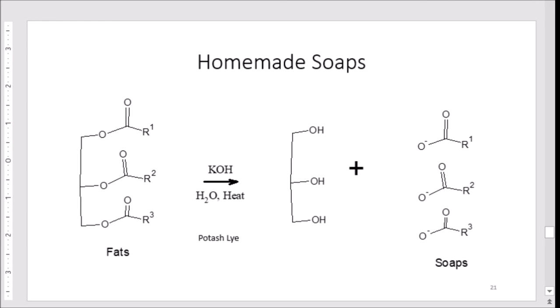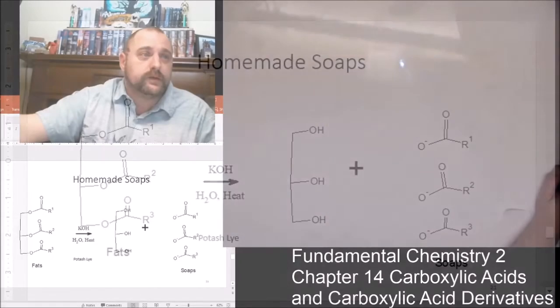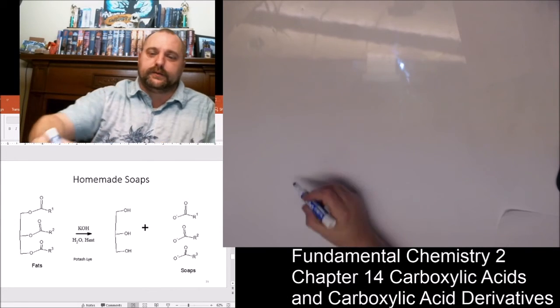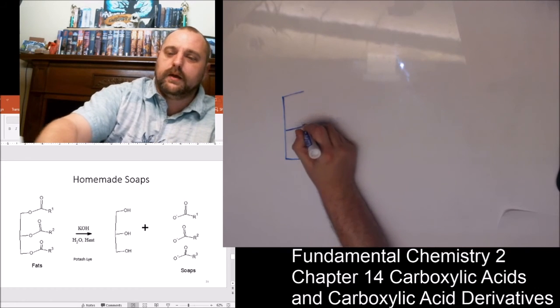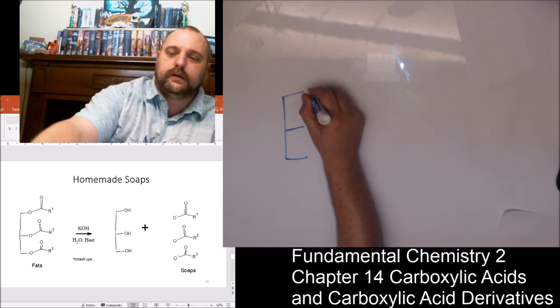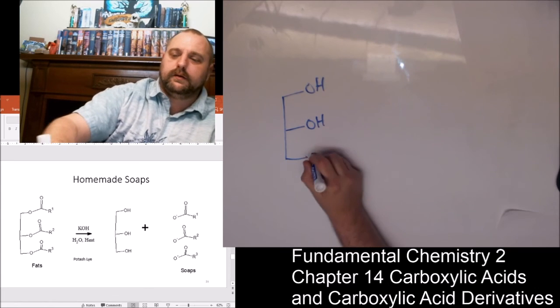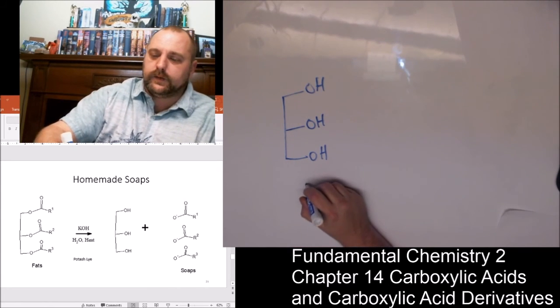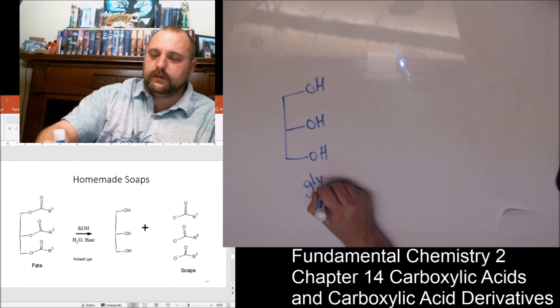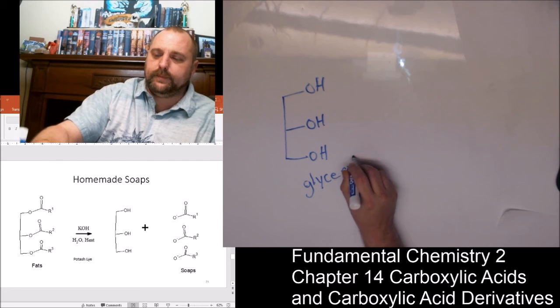And so here we've got our fats. Now this one we'll see later. This is a triglyceride, right? And it is based off of this alcohol, and this is glycerol.